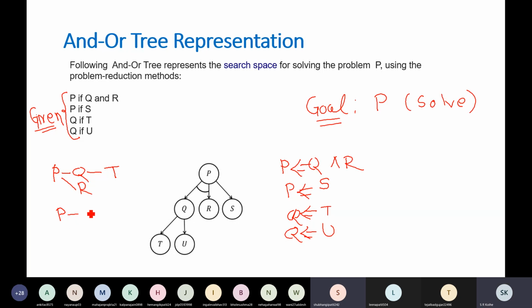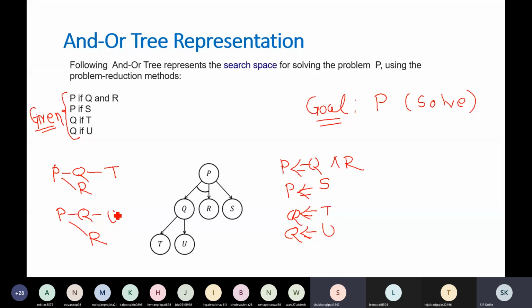Another possibility is to solve this P, you can solve Q and R, but this Q can be solved by solving U also, right?